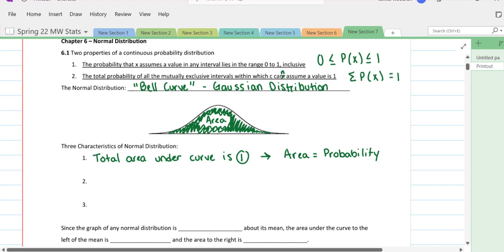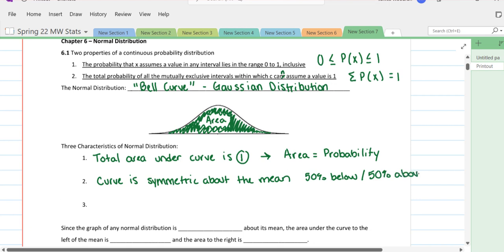Which means 50% on one side, 50% on the other side. You can split it into 4, etc. The curve is going to be symmetric about the mean, which means 50% below the mean, 50% above the mean, or left and right.